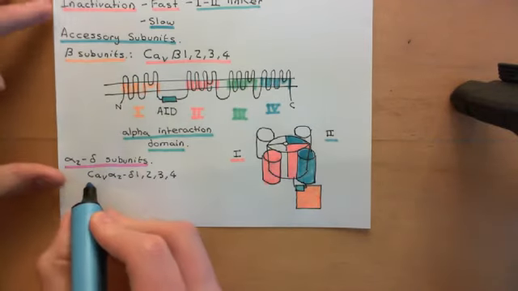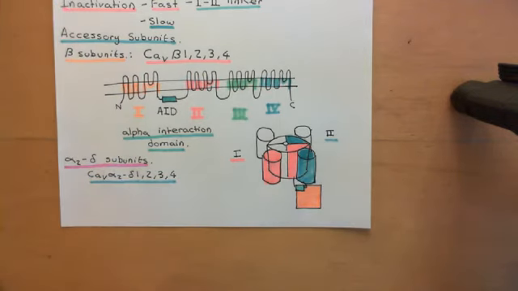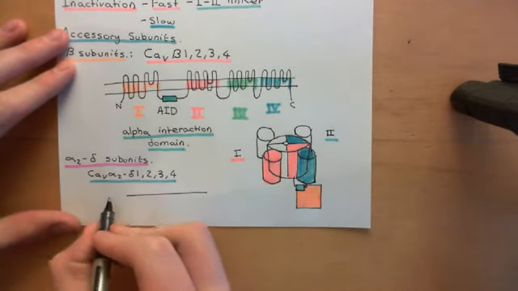Basically, let me start off with the alpha 2 delta portion. These 4 genes, the CAV alpha 2 delta genes, code for proteins which have 2 portions in. Let me show you the protein that they'll produce. Each one of them will produce a protein like so.